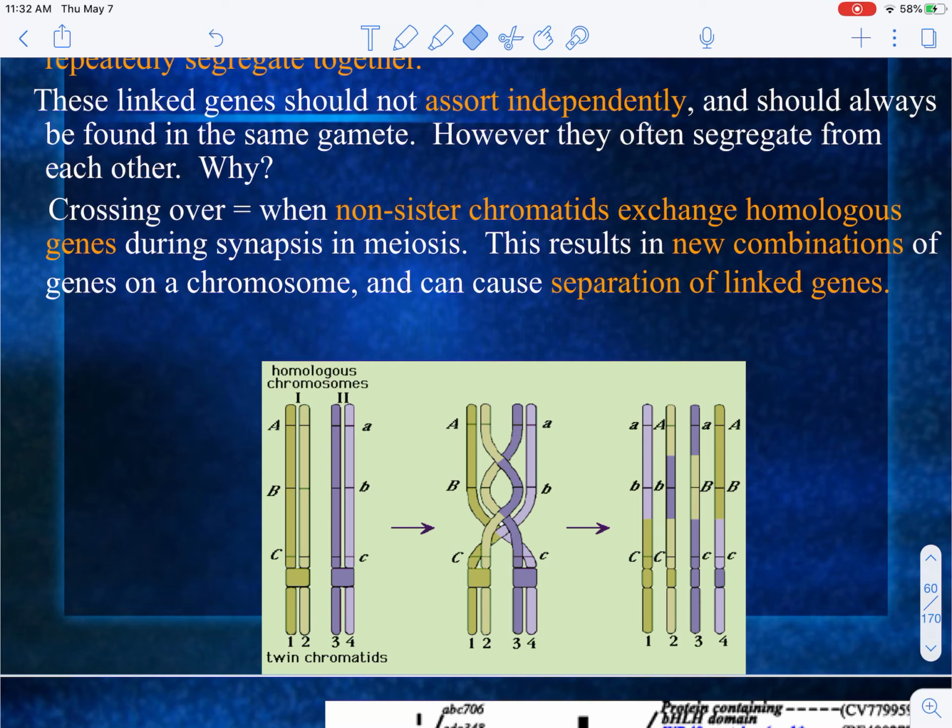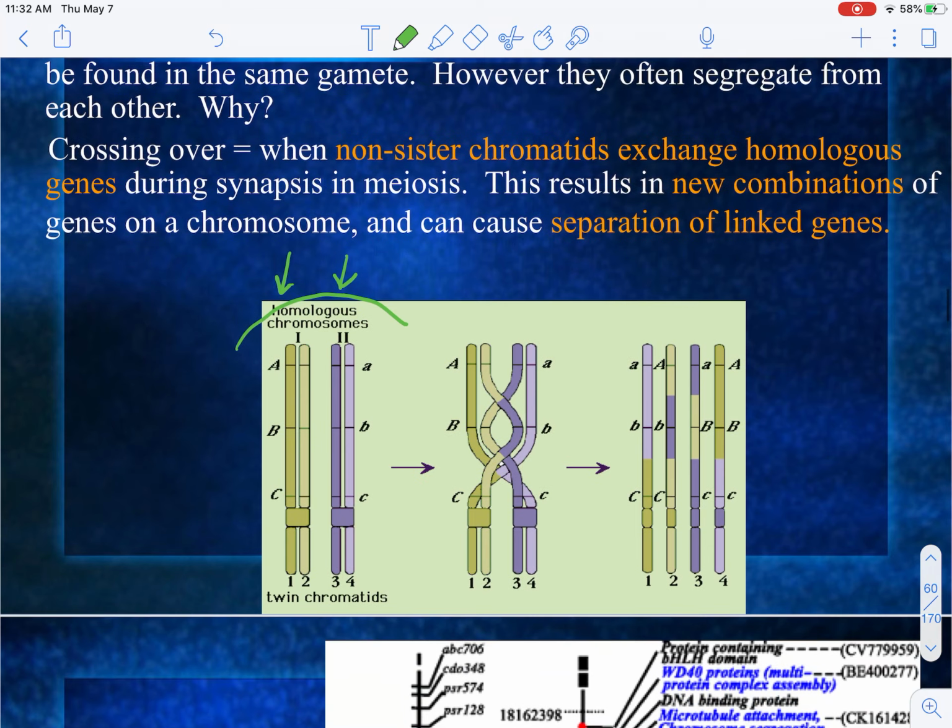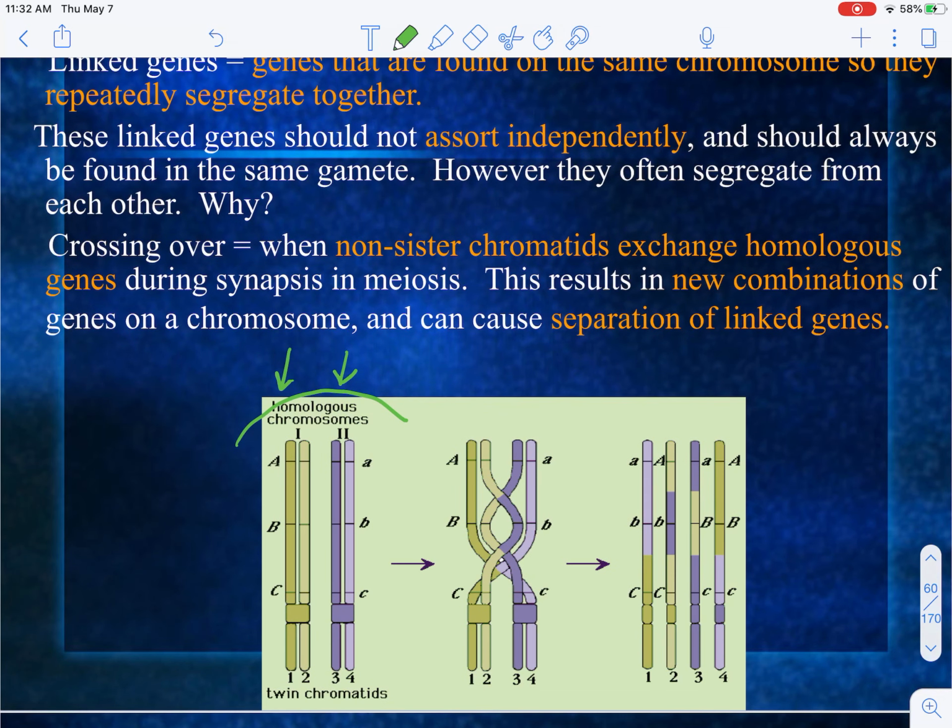If they're on the same chromosome, they should all end up in the same gamete, because if we get an individual, a male, for example, who has these two chromosome number 10s from his parents, his gametes will either have this one or this one in that gamete.